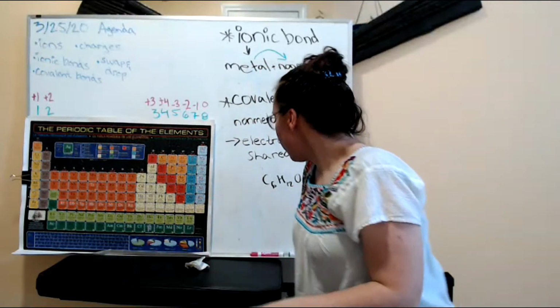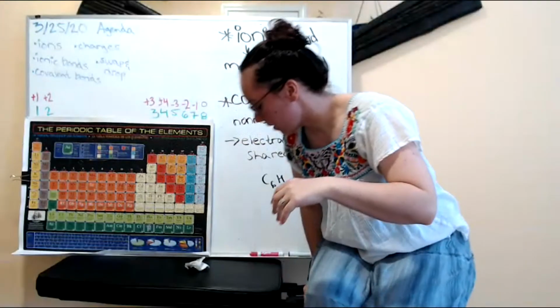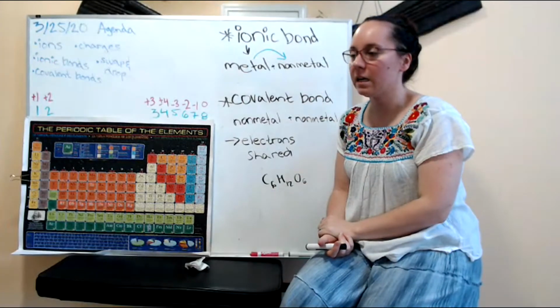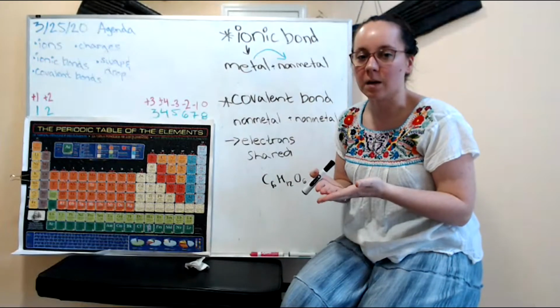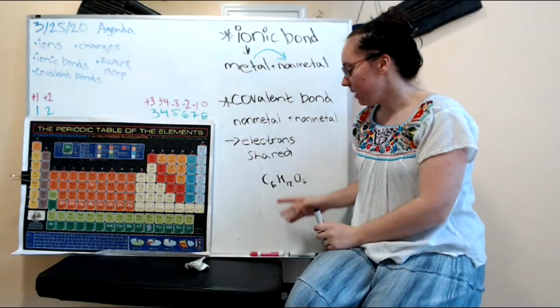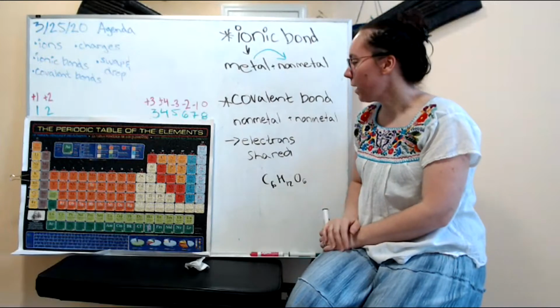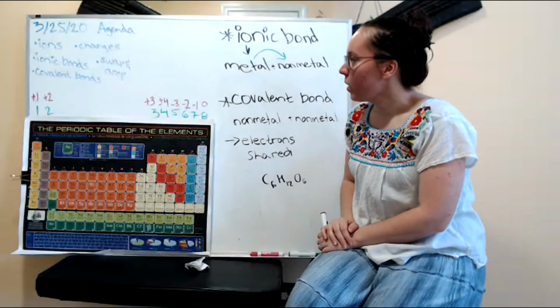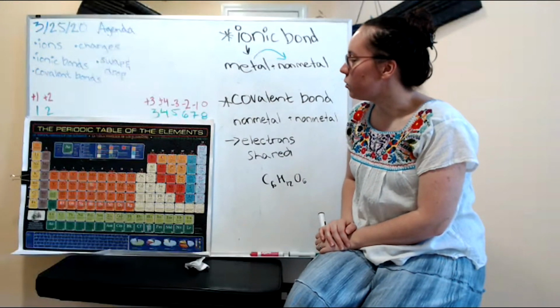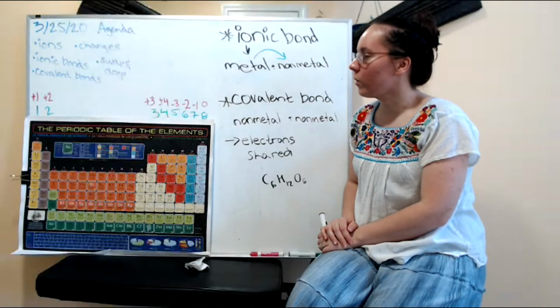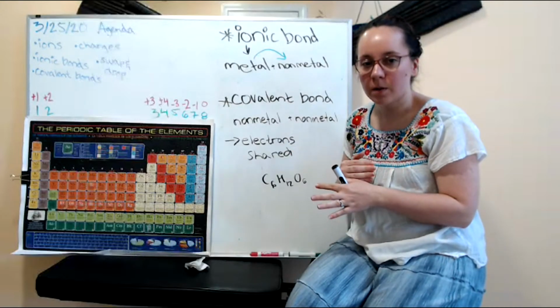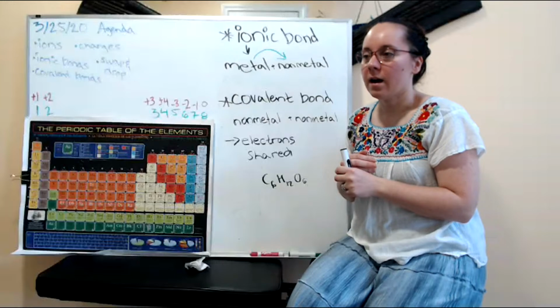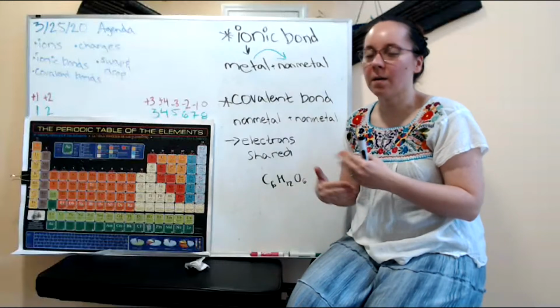For ionic bonds, we are focused on binary compounds, meaning you just have 2 elements coming together. In chemistry, that's when you start hitting the more complex ones. Okay? All right, so what we are about to do in Zoom is go over the swap and drop. I'm going to pull up some questions.